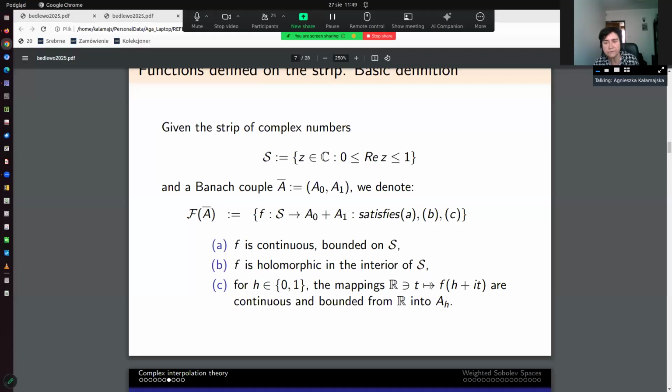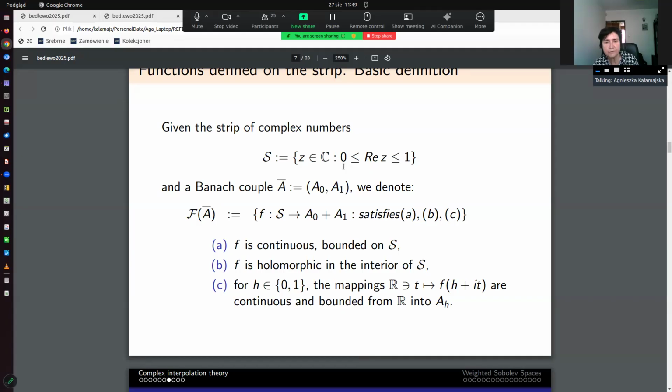So I consider such functions, and I know that if I take h equal to 0, then F of it, moving on the left-hand side of the strip, is bounded into A0. But if I take h equal to 1, then F of 1 plus it, which means I move on the right-hand side of the strip, is continuous from R into A1.